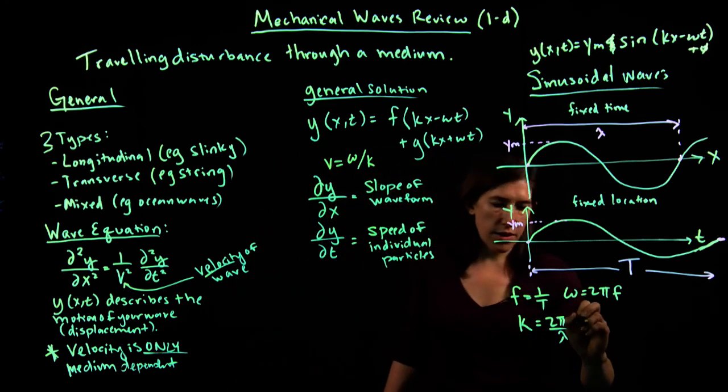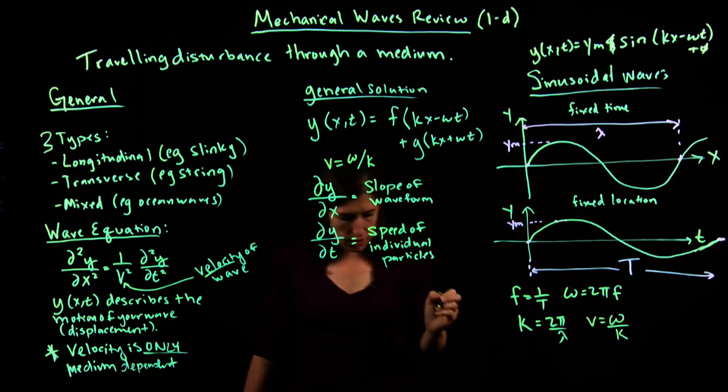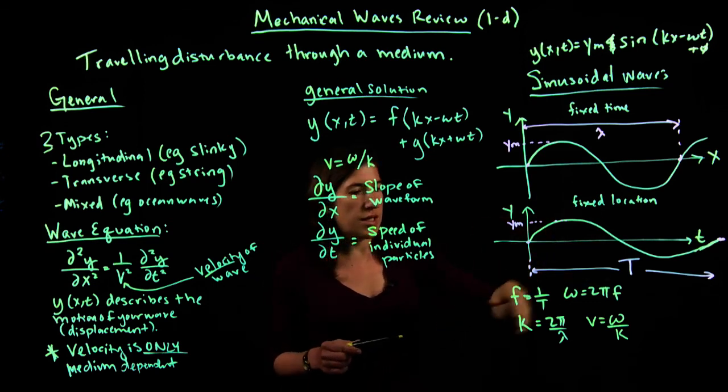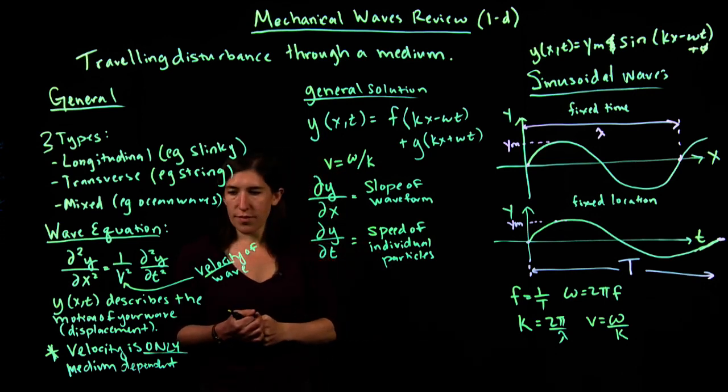So I'll write that again. The velocity of your wave is equal to omega over k. So all of these things are related to each other, and it's really important to remember how all of these constants are related to sinusoidal waves.